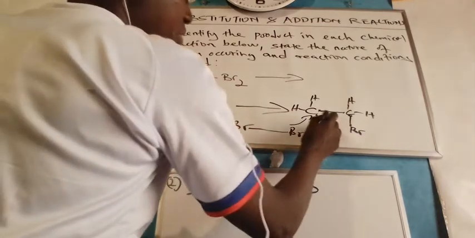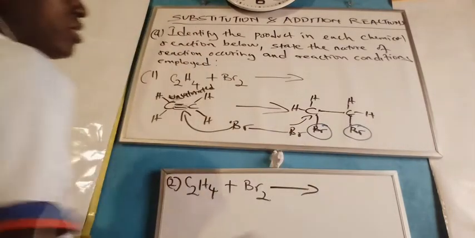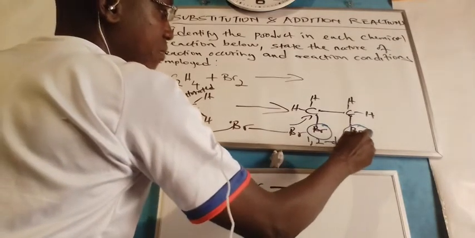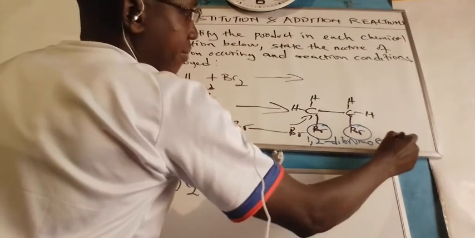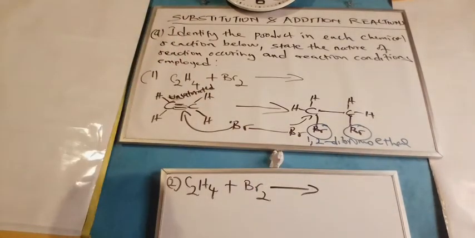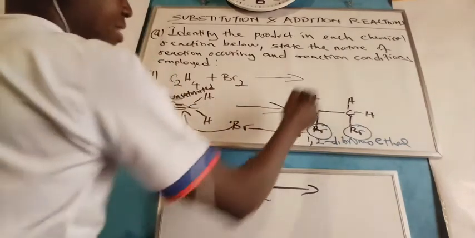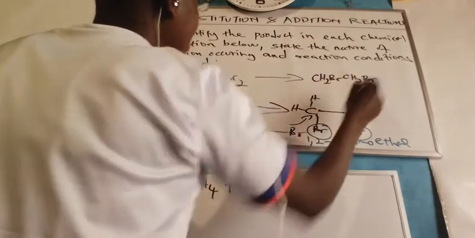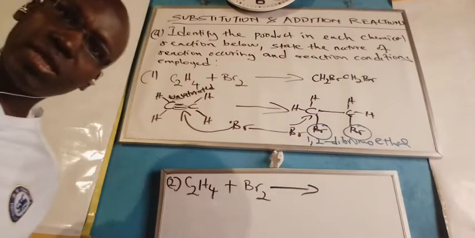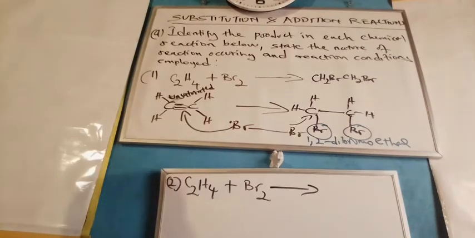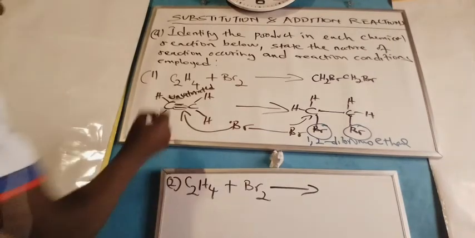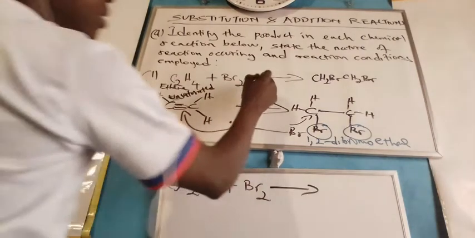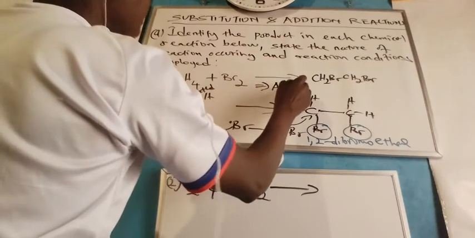Now, what is this species which has formed? This species is bromine in two positions, so it is 1,2-dibromoethane. And therefore, when we are representing it, we will represent it as CH2Br, CH2Br. That is a principal view of what has happened, and we can agree and say that when ethene meets bromine, it undergoes the addition reaction.